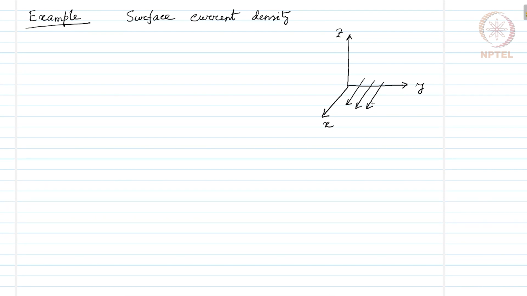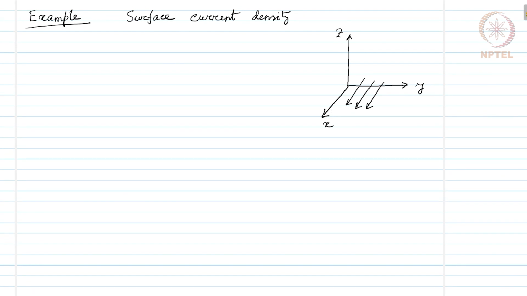We want to find the magnetic field of a uniform infinite surface current. So, this surface current is flowing over the entire xy plane that we have. The surface current is not limited, it extends to infinity, and it is constant in magnitude everywhere, it is uniform.